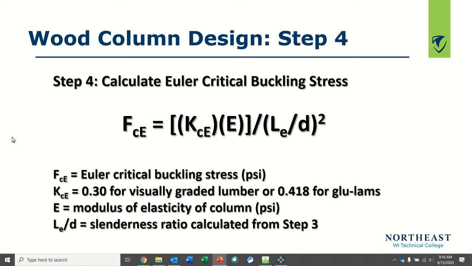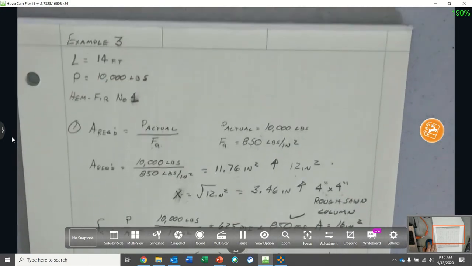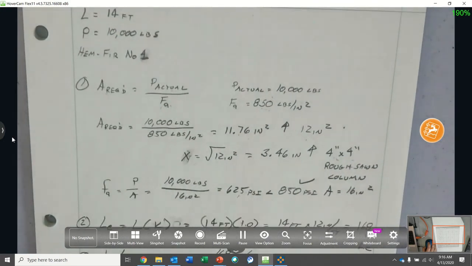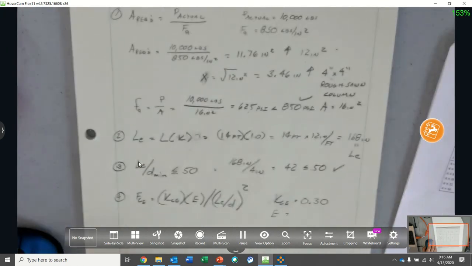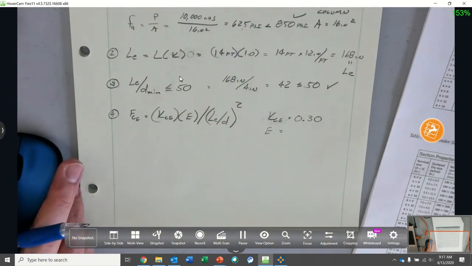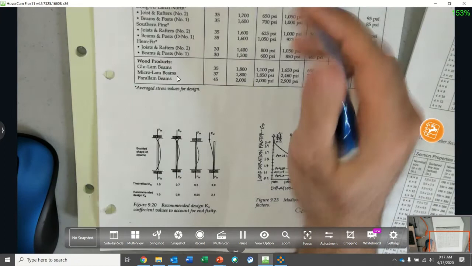Modulus of elasticity, Hem-Fir number 1. Where do I find that information again? Let me zoom out and push the paper up.